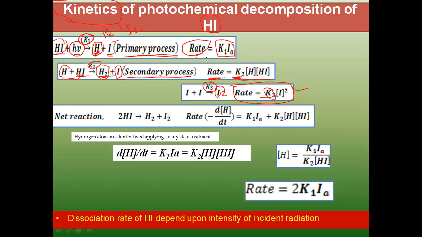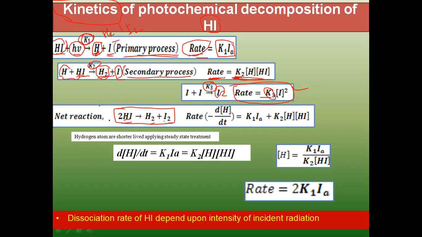These two steps are very important for finding the overall kinetics of the decomposition. The complete or net reaction is twice HI giving H2 plus I2.